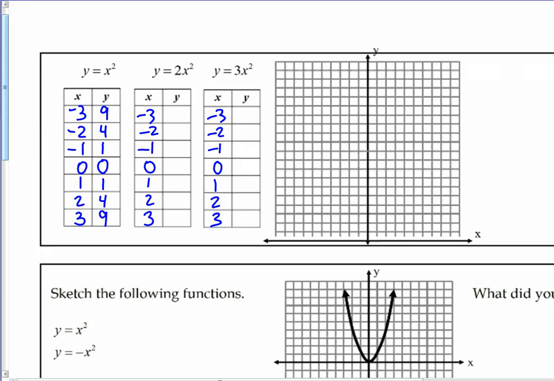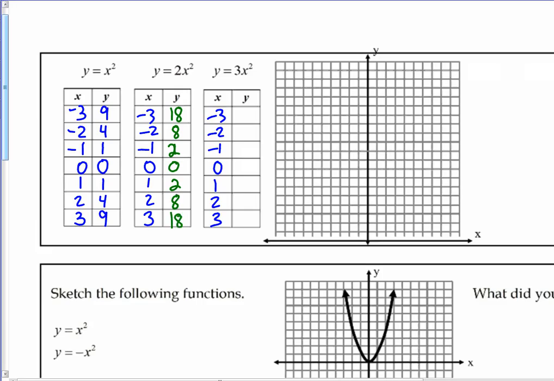So without just using this table, what's going to be the y value for y equals 2x squared? 18. And then it's double the previous y value, right? We're doubling our y value. 2, 0 doubled is 0, 2, 8, and 18.